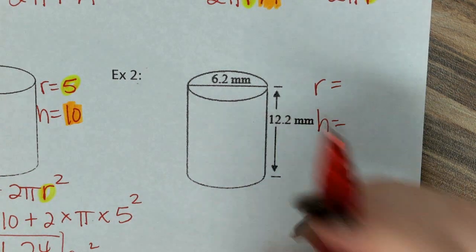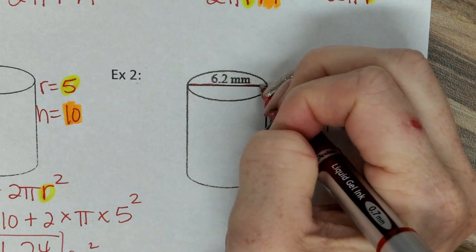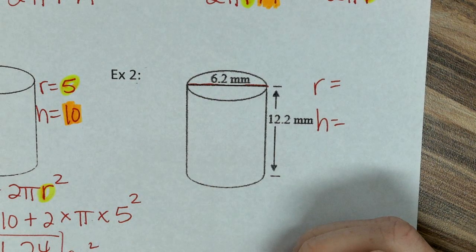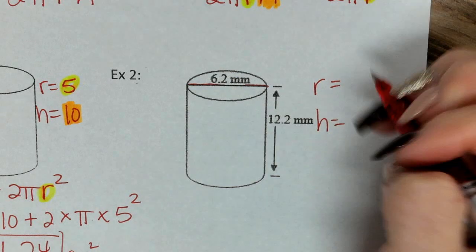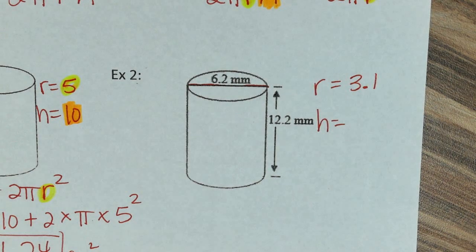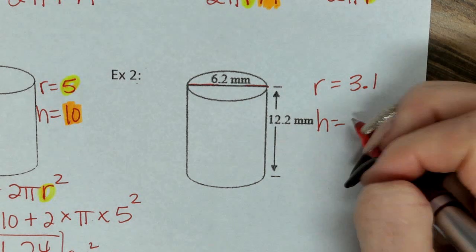Okay, did they give you the radius? How do you know? It went all the way across the circle, so you had to take 6.2 and divide by 2, and you got 3.1. What is the height of this cylinder?